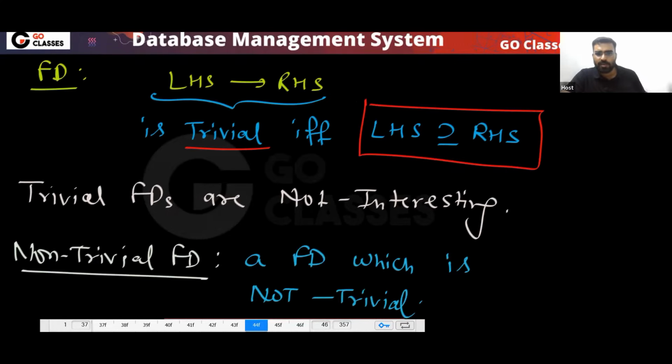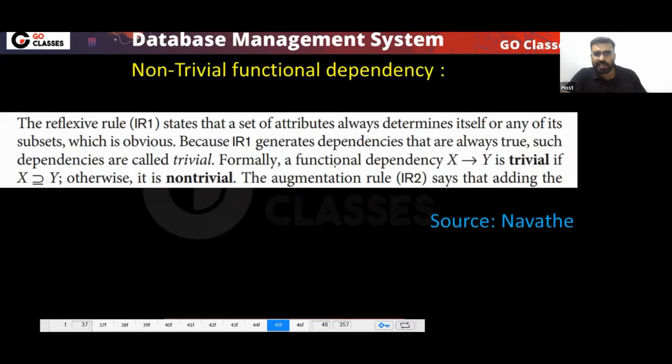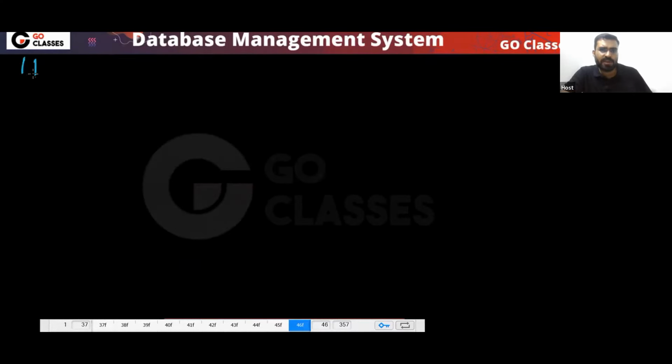Very simple. So you can notice this is the definition of a non-trivial functional dependency: a functional dependency which is not trivial. Now you can notice these are the non-trivial functional dependencies. I will write this non-trivial functional dependency.